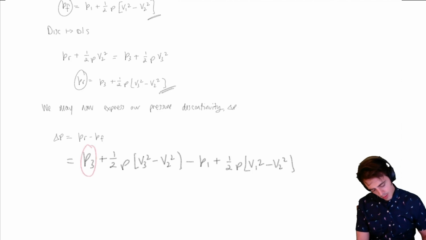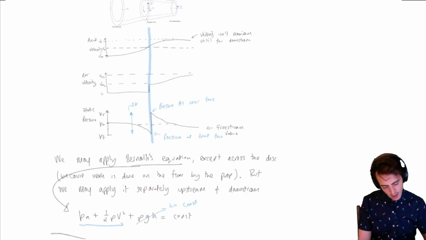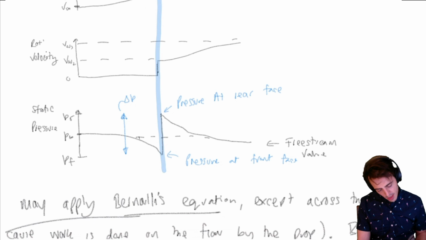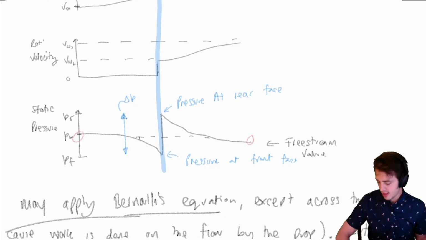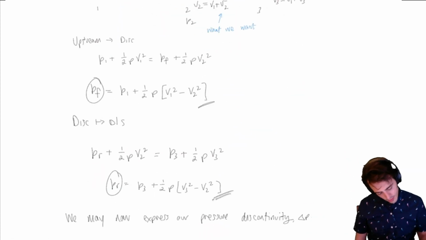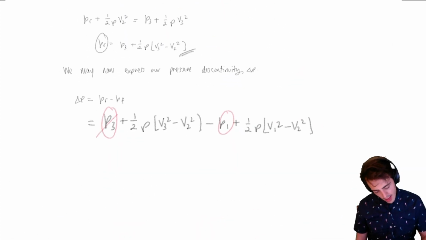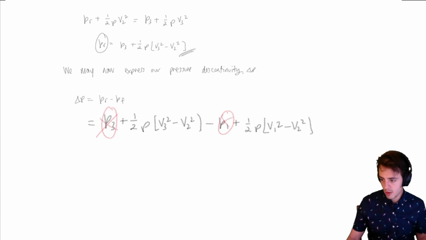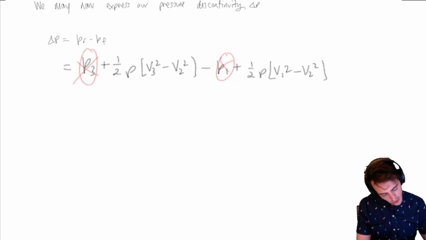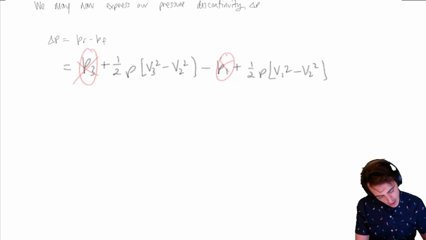So let's look at these terms here, P3 and P1. If we look at up here, the assumptions that we've made is that our velocity at P3 and P1 is equal to the total free stream static pressure. So these two are equal, so they just cancel for our purposes, which is really useful. And we can then see that actually those V2s are just going to cancel as well.